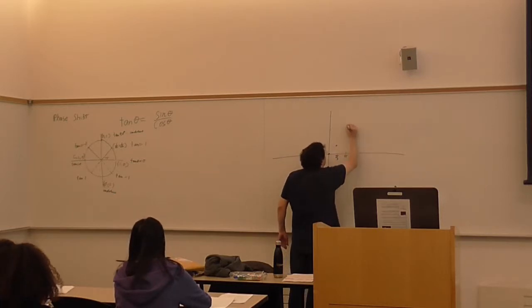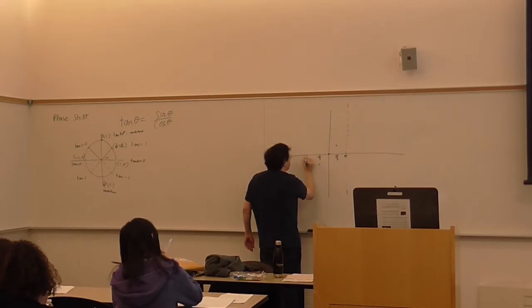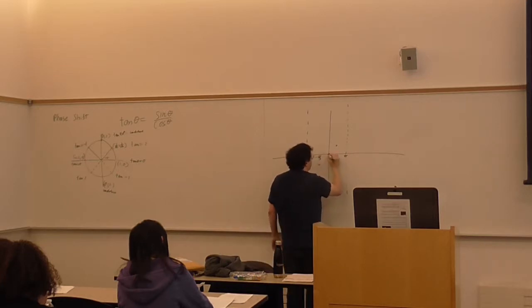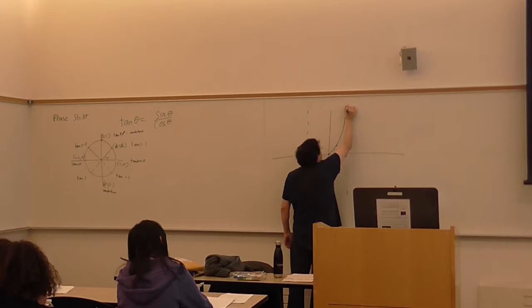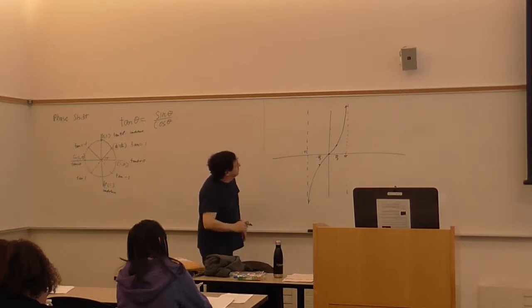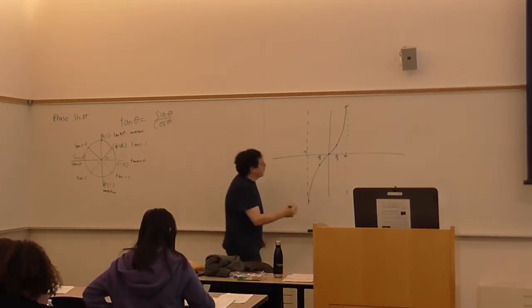At pi, where the cosine is 0, we have an asymptote. Same thing at negative pi. It seems what this function does is it moves up asymptotically. But then it repeats, right?